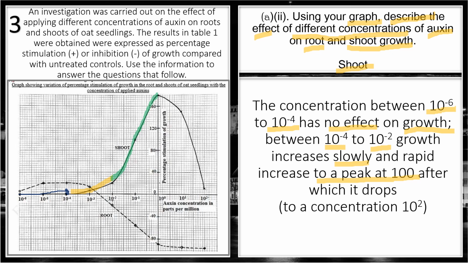And then afterwards, it drops to the concentration of 10 to power 2. So from there, we can see that the growth rate decreases as the concentration increases to 10 to power 2.